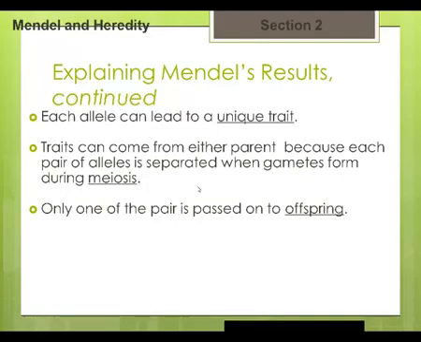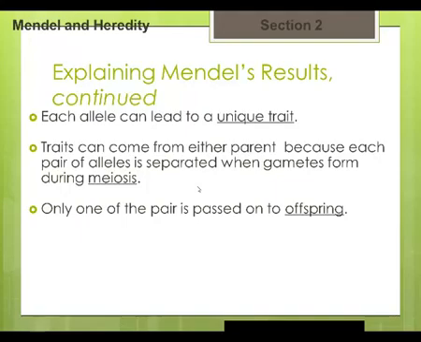Alleles separate during the formation of sex cells. So remember, sex cells are also called gametes. So when sex cells are created inside of the body, whether mom or dad, there's an independent assortment that occurs.